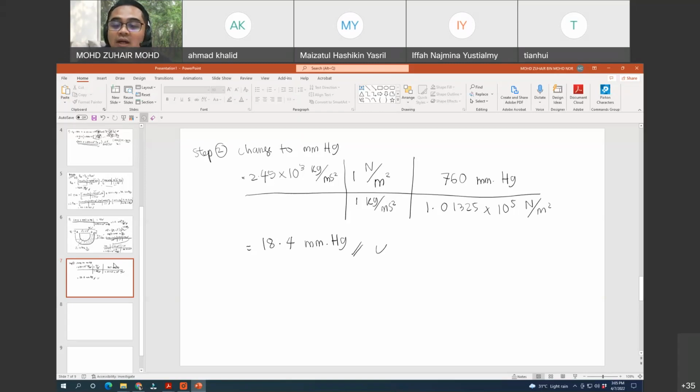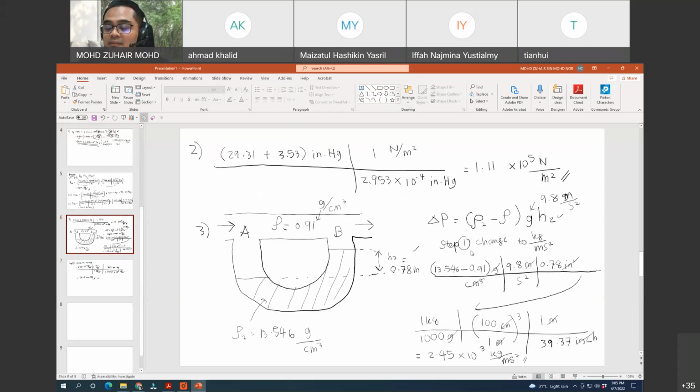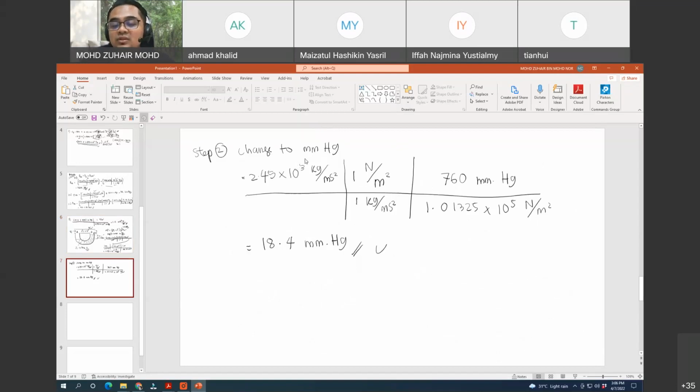Any questions so far? This is the first step. The first step is to change according to the formula here. The formula here just includes all the values, and then you need to do some unit conversion, so that at the end the final will be in kg/(m·s²). And then from kg/(m·s²), you want to change to millimeter mercury.